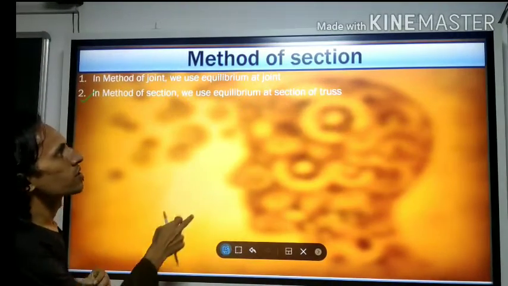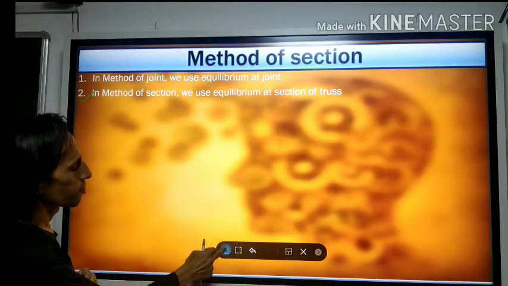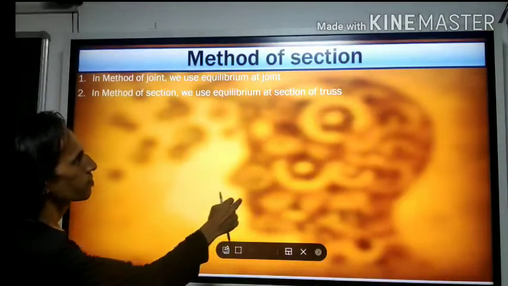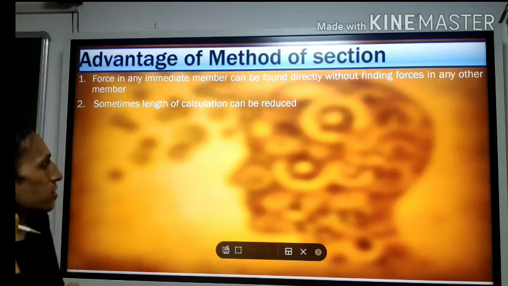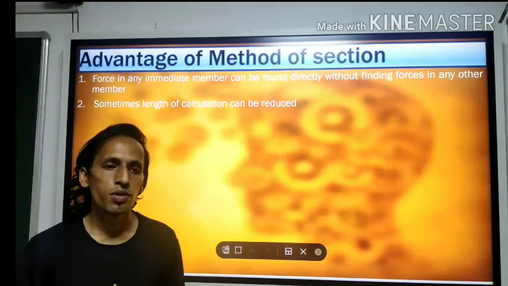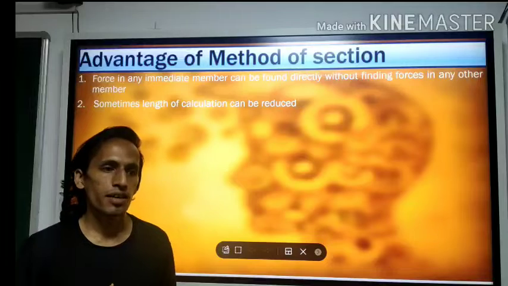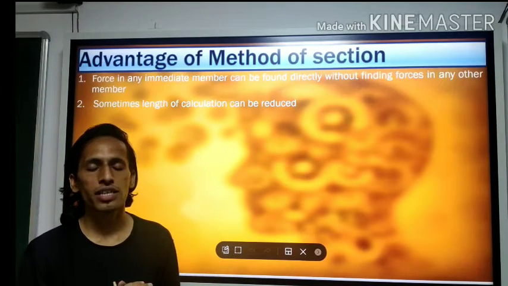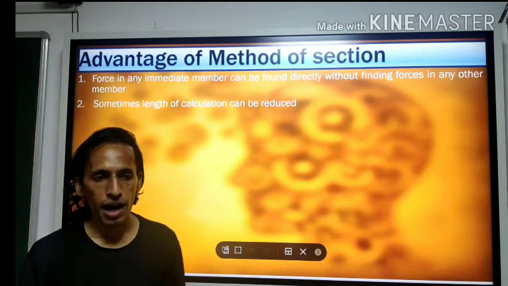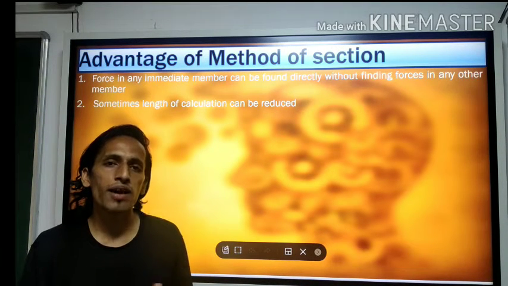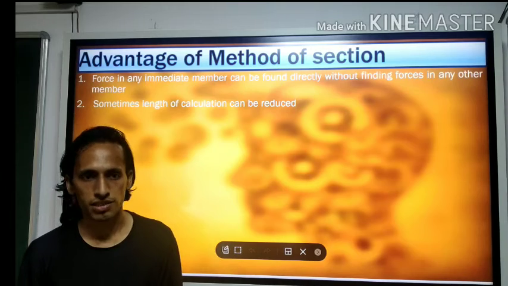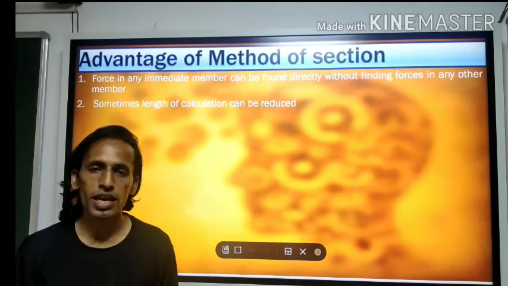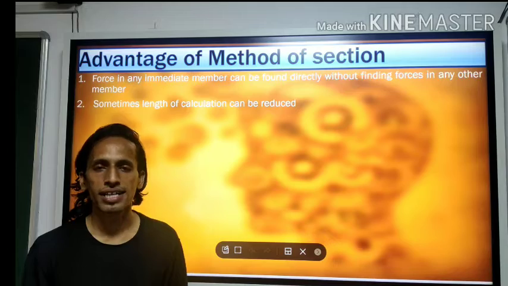What are the advantages of method of section? We already have studied method of joint. Now I want to know why I have to use method of section. There are basically two major advantages.